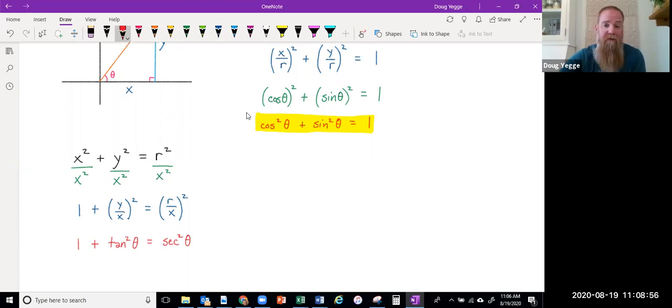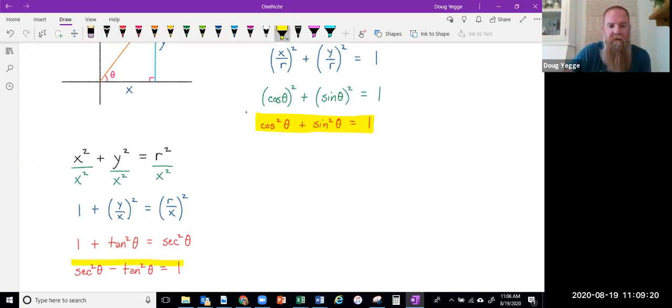And sometimes we choose to rearrange this to where you could rewrite it by subtracting the tangent squared theta. The way that I've always learned this and memorized it is by setting all of these relationships equal to 1. So now this shows us that secant squared theta minus tangent squared theta is always equal to 1.